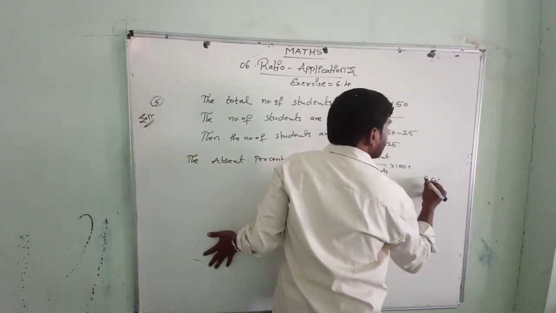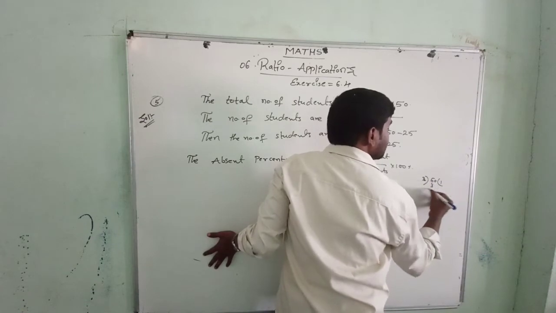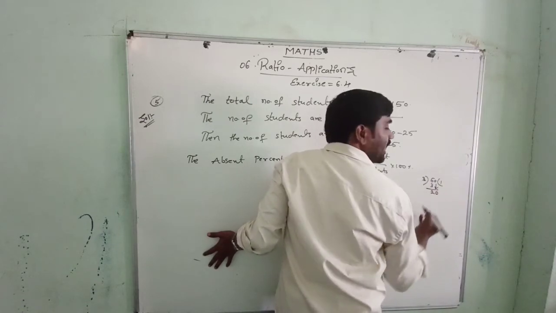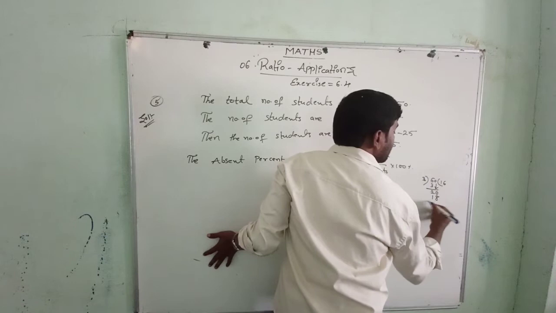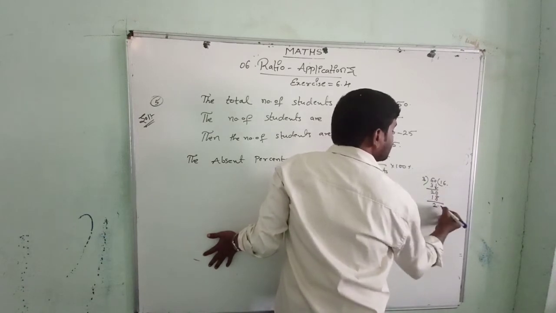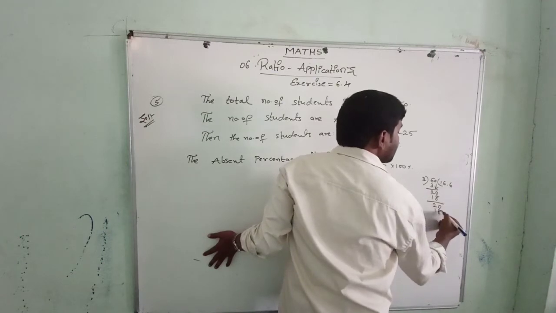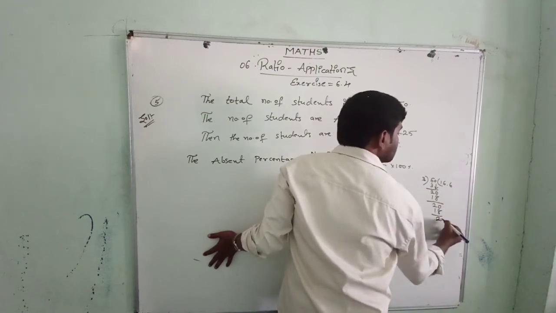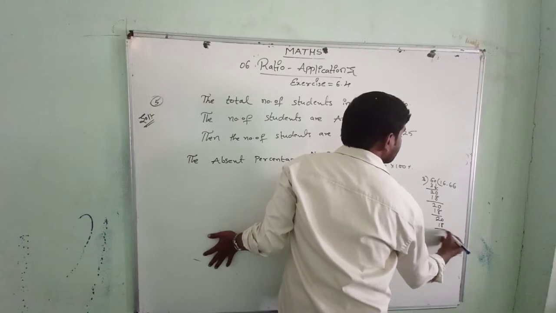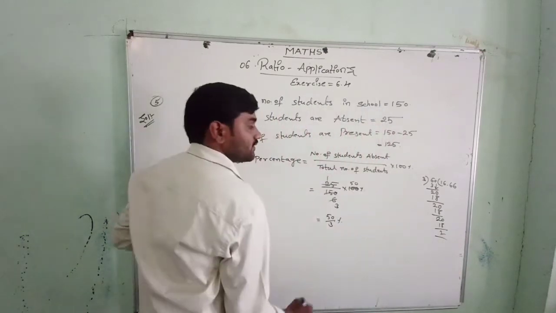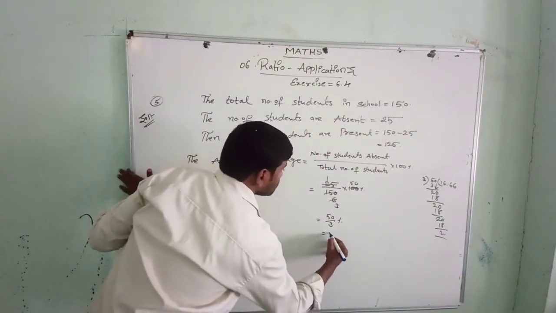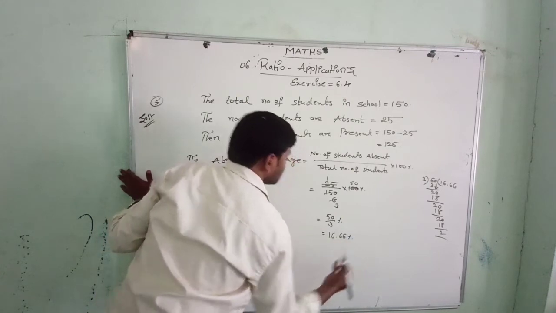This 50 divided by 3. 3 ones are 3. 2 left. Bring this 0 down. 3 sixes are 18. 2 left. Again 3 sixes are 18. 2 left. It will continue like that. So it will be equal to 16.66 percentage.